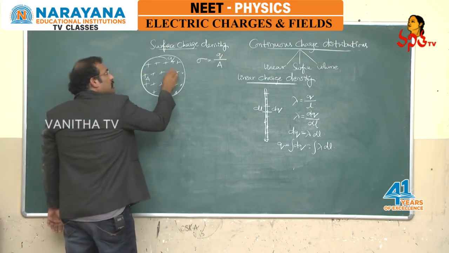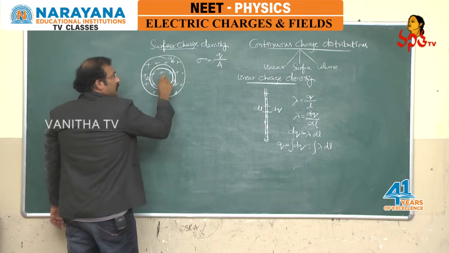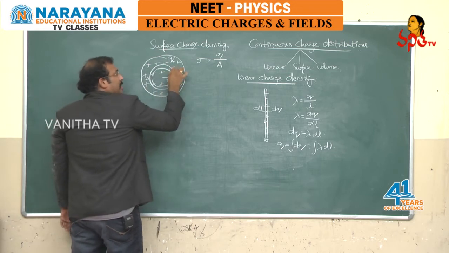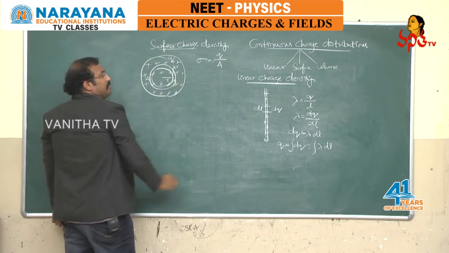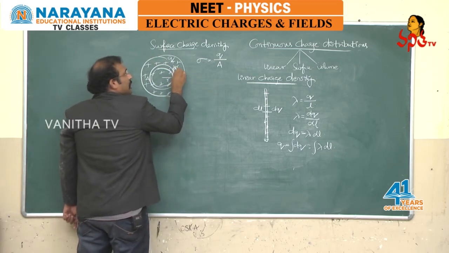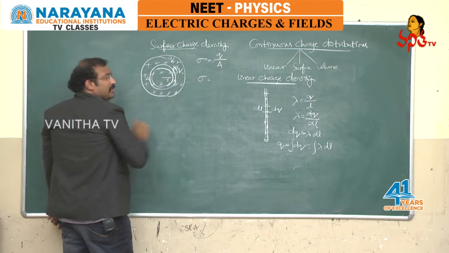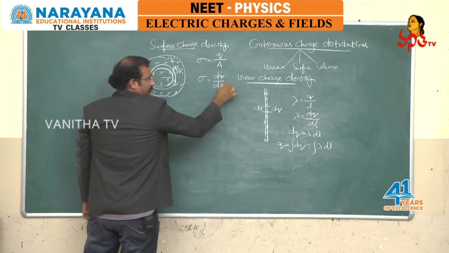If I take a small element in this, whose distance is r, radius, and thickness dr, then for the small element I can write sigma is equal to dq by dA.